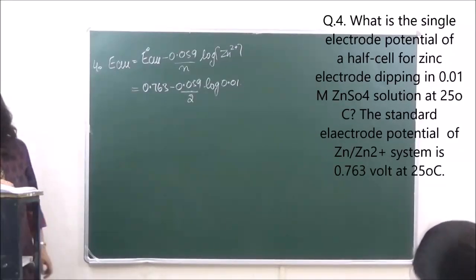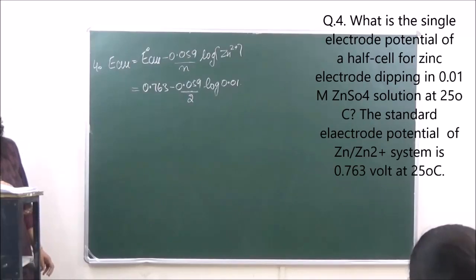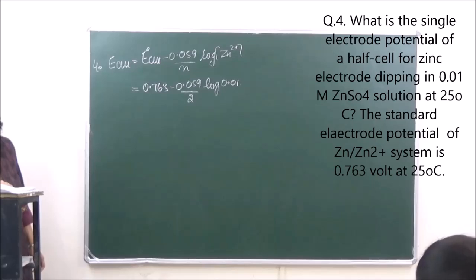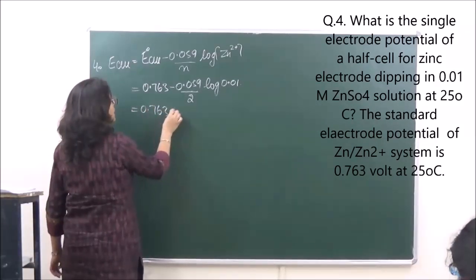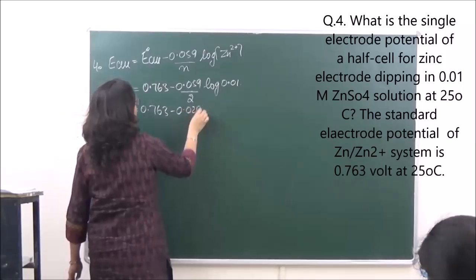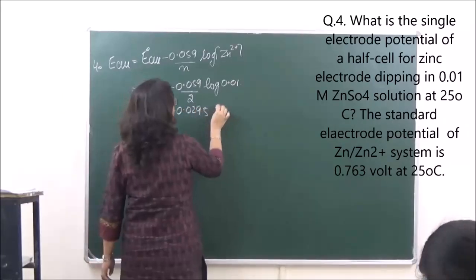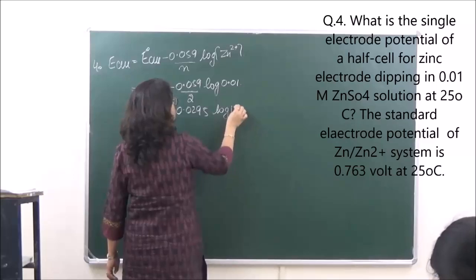Now the value of 0.01 will be equal to what? Concentration is given to us as 0.01 only na. So we will have 0.763 minus 0.0295 log of 10 raised to power minus 2.